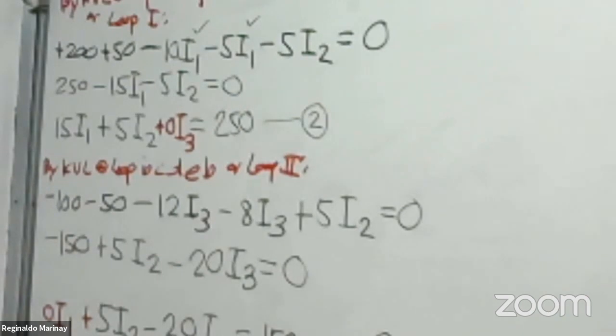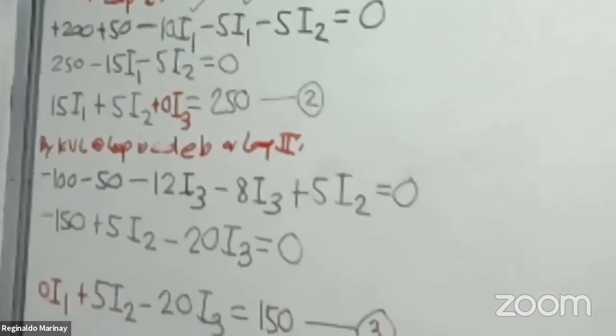Then, equation number 3, you input 0 equals. Then we have 5 equals. Then the next is negative 20, negative 20 equals. Then we have 150 equals. Then you press equals.